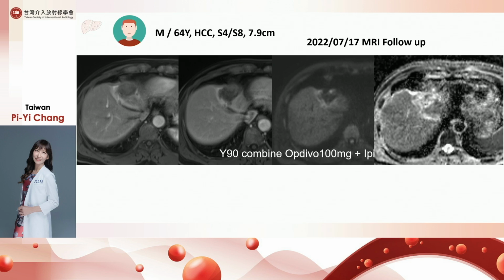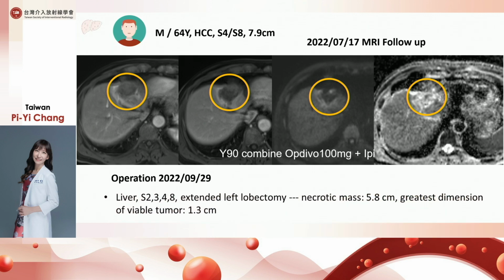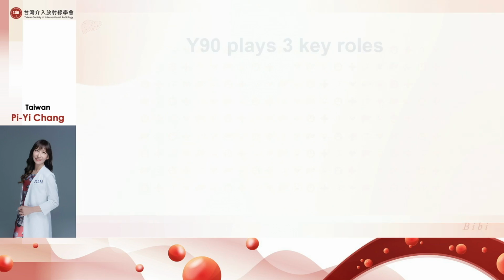After the combination treatment, the tumor got necrosis and the segment got shrinkage. So the patient got an operation. The necrotic mass is around 6 centimeters, and the viable tumor is only 1 centimeter.